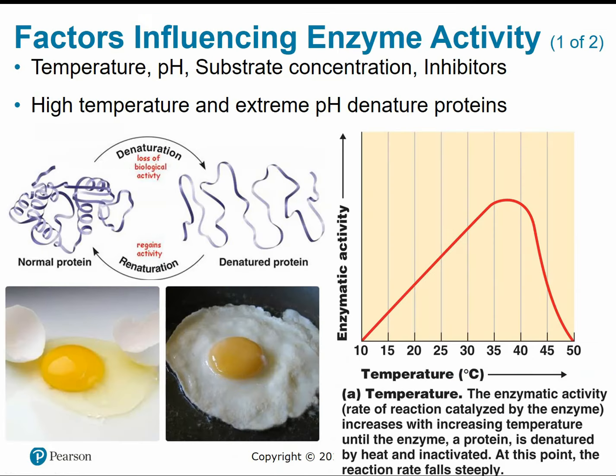There are a few factors that can influence the rate of enzyme activity. So things like temperature, pH, concentration, or inhibitors. High temperature and extreme pH can influence enzyme activity because we can denature those proteins. So remember, enzymes are proteins. And think back to anatomy, kind of the underlying theme in anatomy and physiology was that structure reflects function, right?